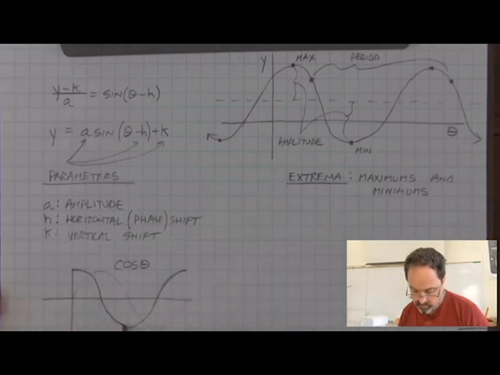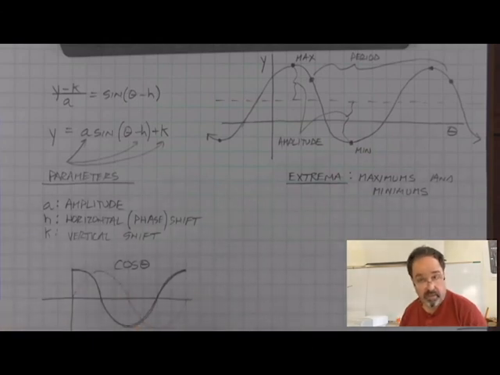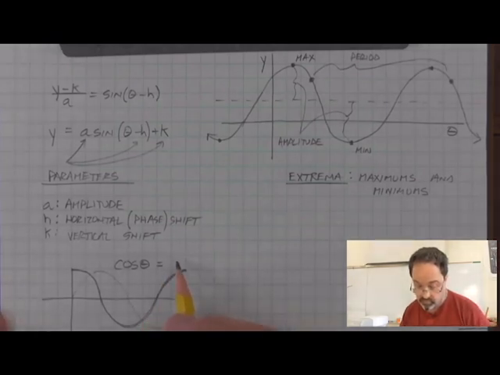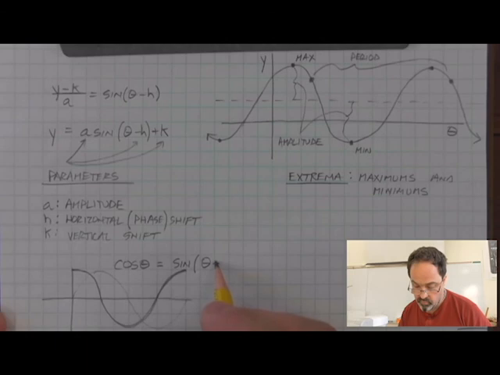We can visually see that cosine is the parent sine wave that has been horizontally shifted left by pi over 2. So its equation, cosine of theta, could be thought of as sine of theta with a leftward horizontal shift of pi over 2.